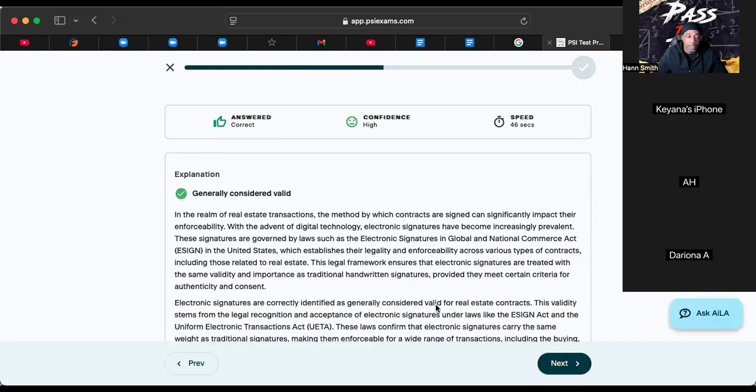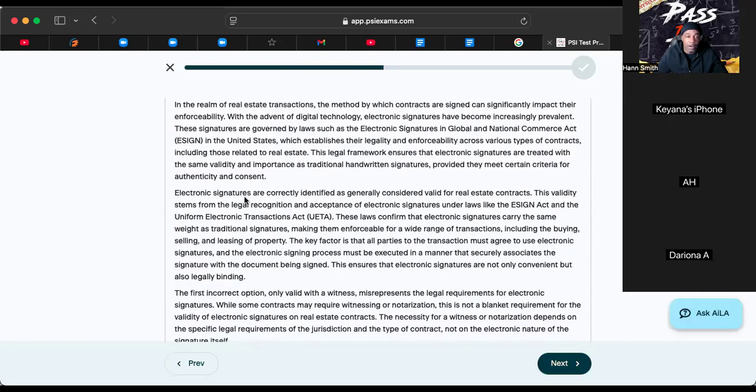All right, and it says electronic signatures are correctly identified as generally considered valid for real estate contracts. This validity stems from legal recognition and acceptance of electronic signatures under laws like the E-Sign Act and the Uniform Electronic Transactions Act, UETA.